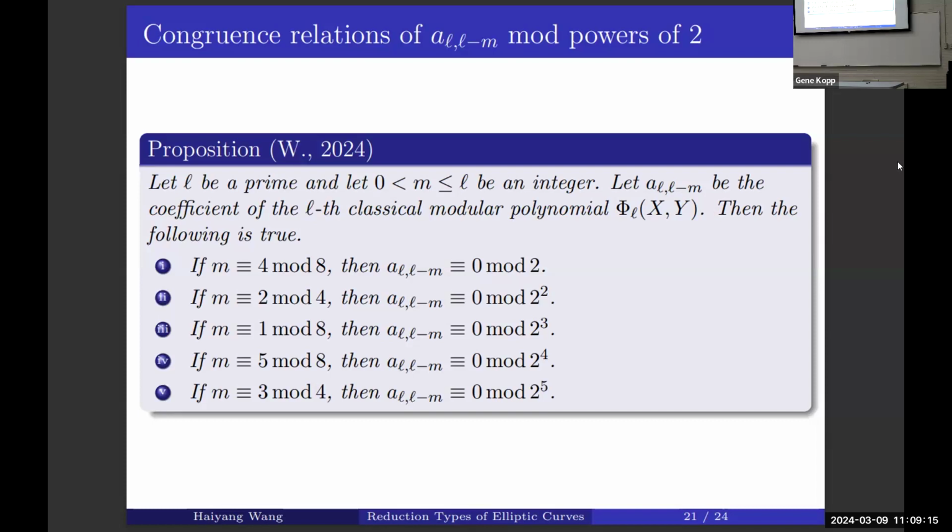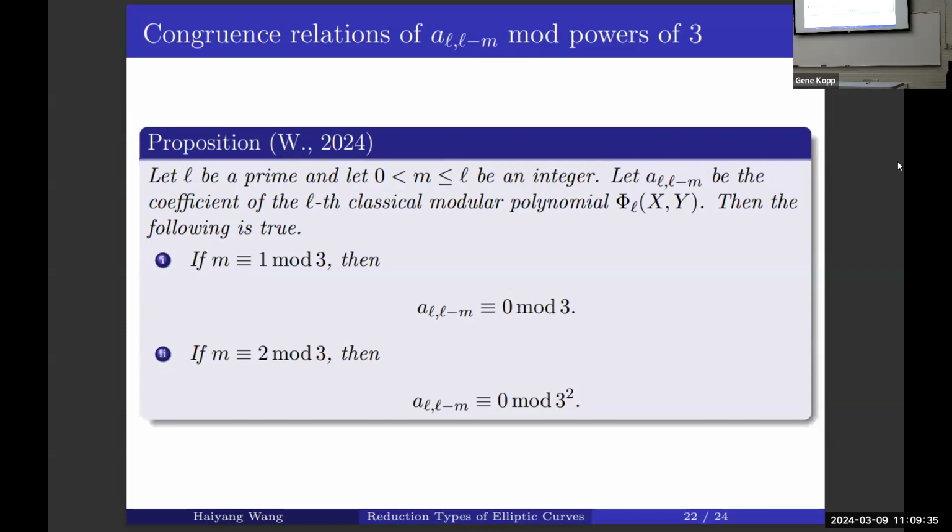And for m in these other congruence classes, the congruence holds for a higher power of 2. In particular, a_{L,0} is congruent to 0 modulo at least 2 to the cube.